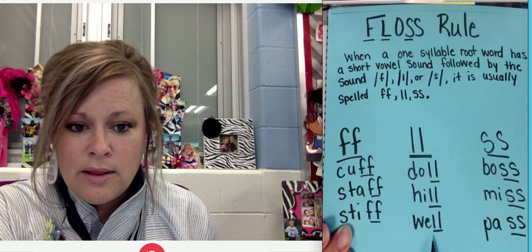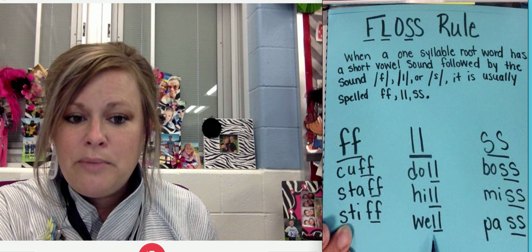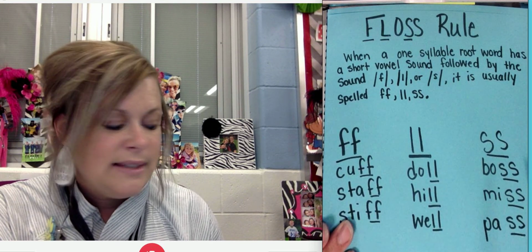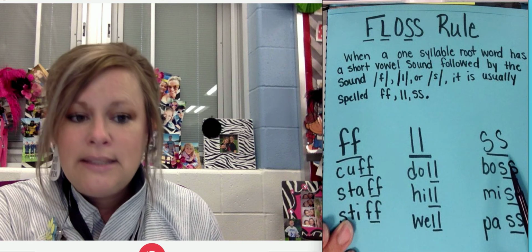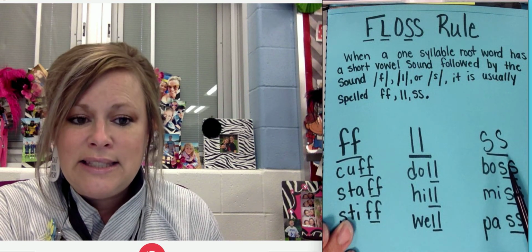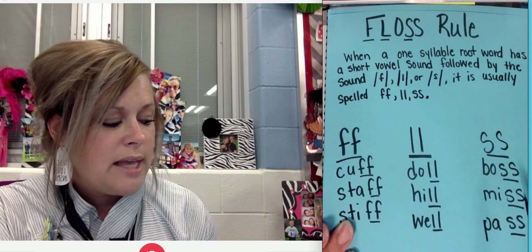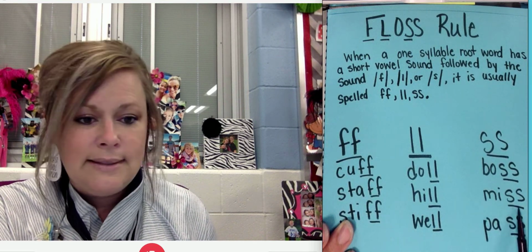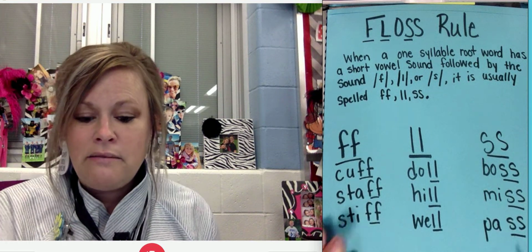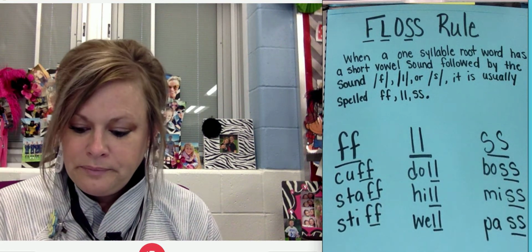They end in an l, so it needs to be doubled because it's a short word with a short vowel. The last letter to look at, the sound is s. When a short word with a short vowel ends in s, it is doubled, like boss, miss, and pass. Okay, and that's it. That's the end of the floss rule spelling.